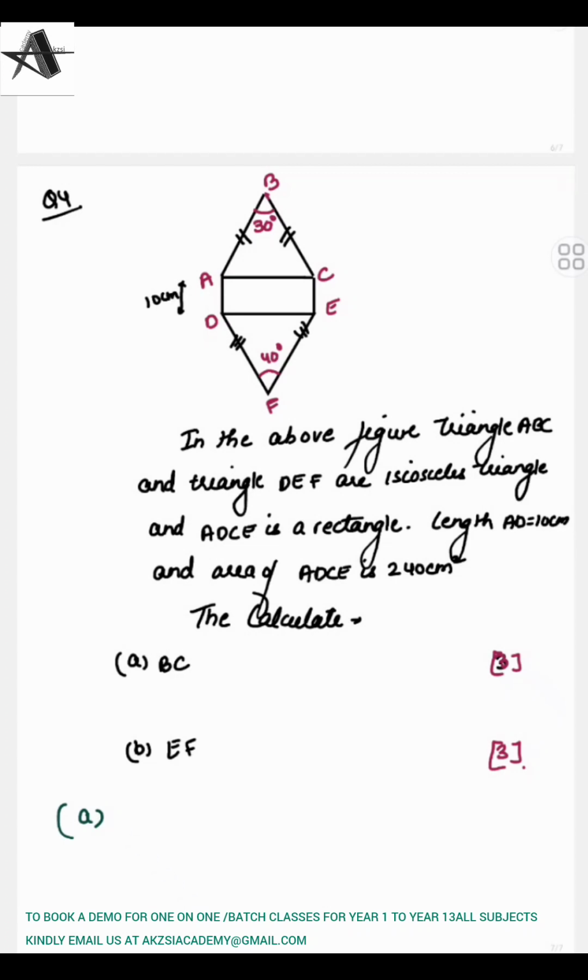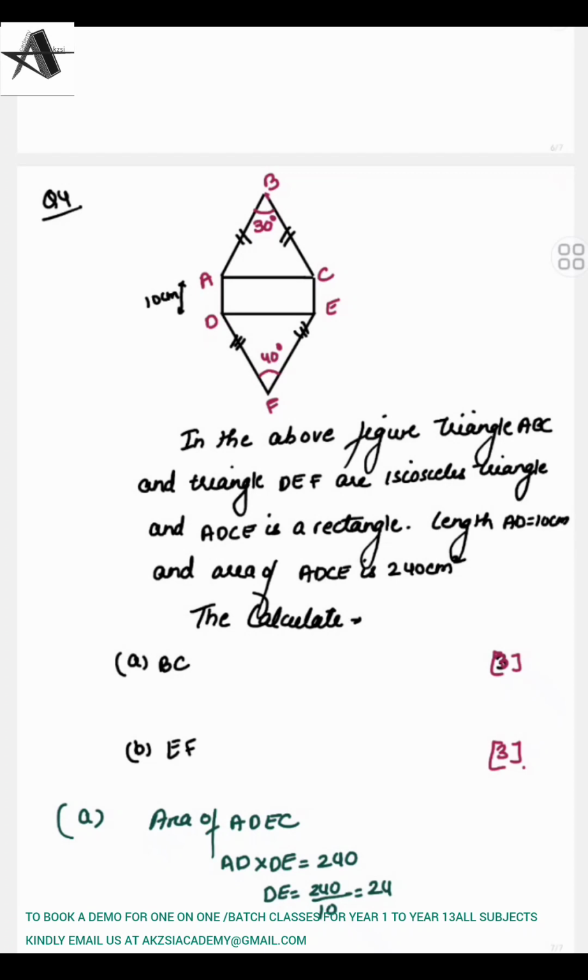The area of rectangle ADEC is length into width, which equals 240. So from here I can say DE is 240 over 10, that is 24. So DE is 24.